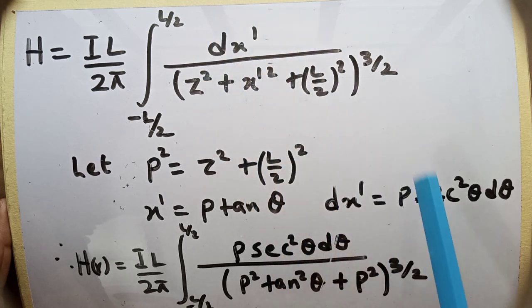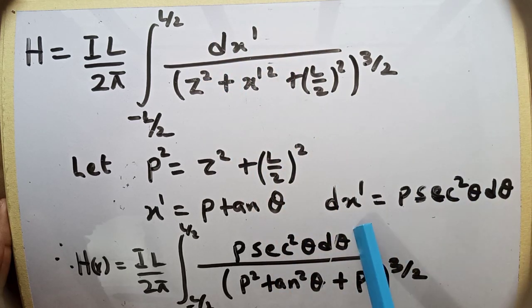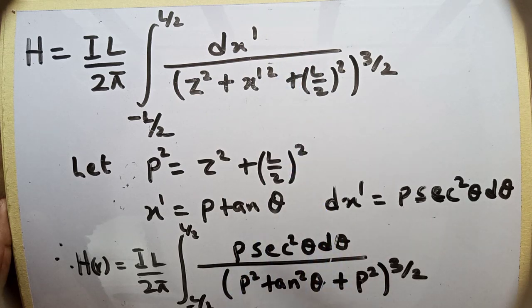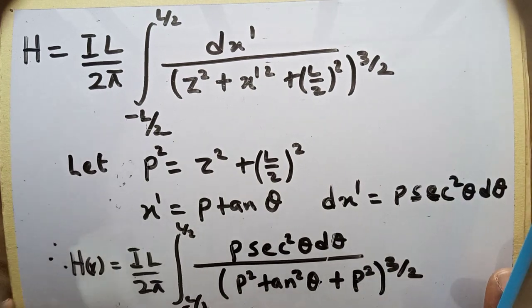If we substitute this into this expression, then this is what we'll get. For the x prime, we have p sec squared theta d theta. For this expression, we notice that if you replace this p prime, it becomes p tan squared theta, which is this. Then this plus this will give us p squared, 3 over 2.